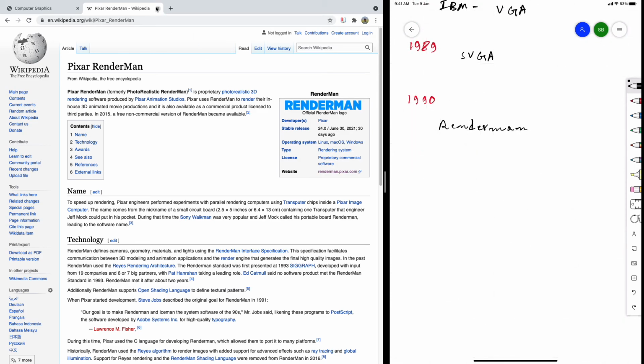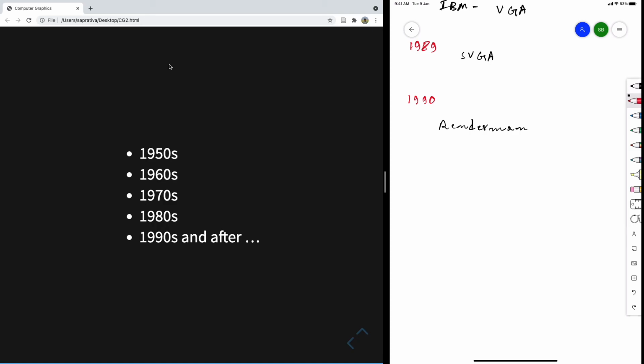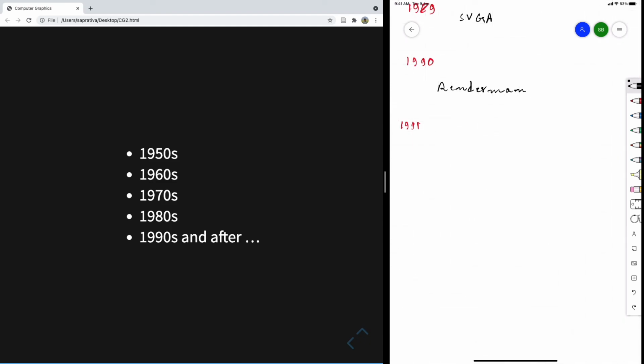In 1991, Disney and Pixar released Beauty and the Beast, which is also a very popular movie, and in this CGI was used very widely.